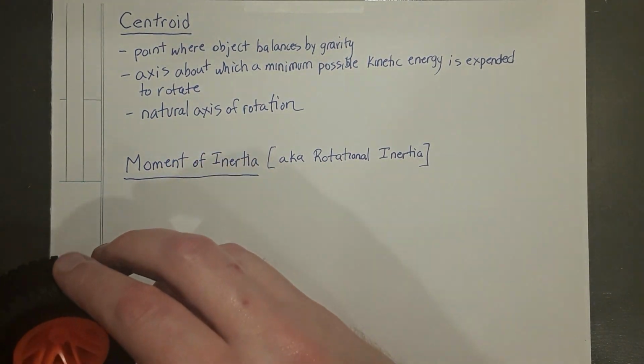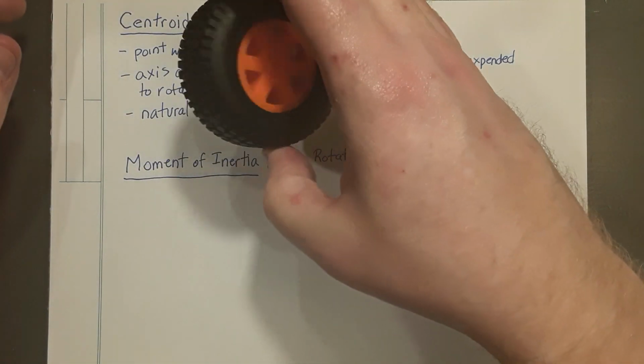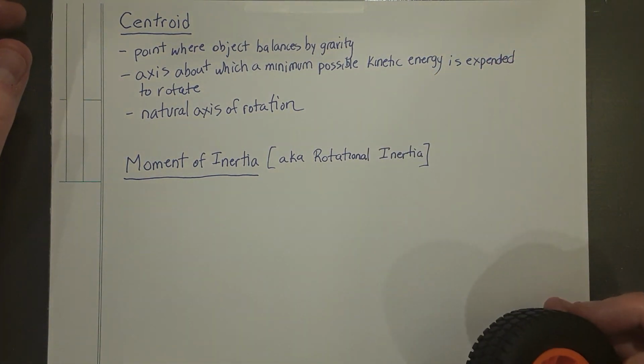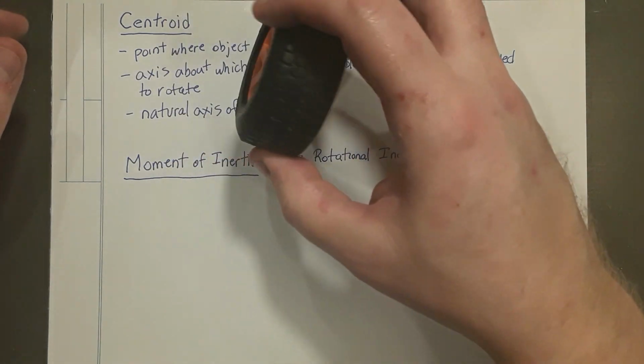If it was thrown up, it will travel through the air in a predictable parabolic arc for the center of mass, and it will rotate around the object's center of mass.